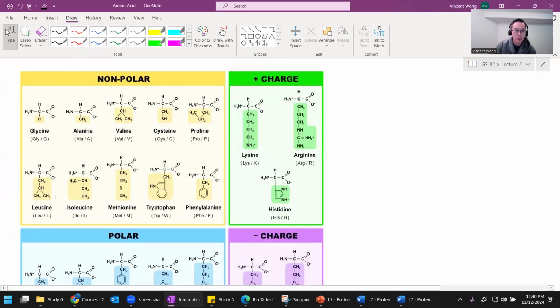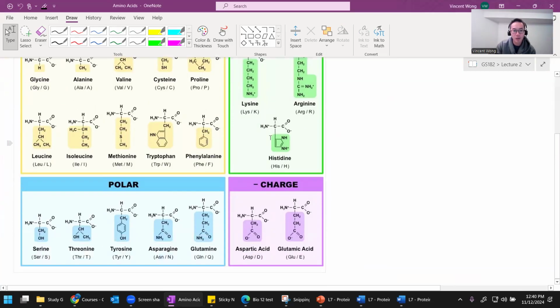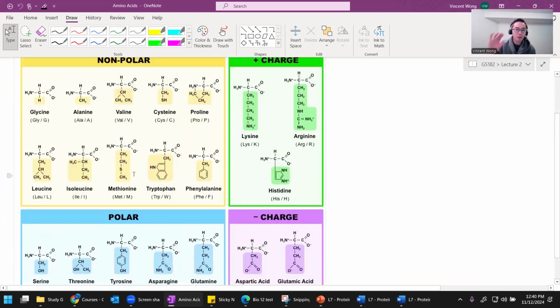Some amino acids are nonpolar, some are charged, positive charge, some are negatively charged, some are polar. So if the missense mutation changes the amino acid from one nonpolar amino acid to another nonpolar amino acid, then maybe it's okay, right? Because they are similar enough in terms of property, it might not cause as big of a problem.